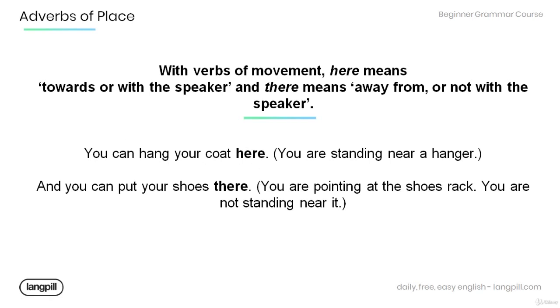The adverb of place here tells us that you are standing near the hanger. And in the sentence, you can put your shoes there. The adverb of place there tells us that you are pointing at the shoe rack. You are not standing near it.